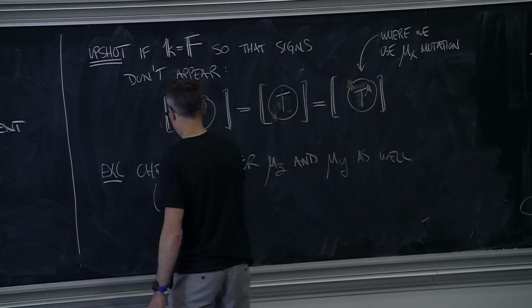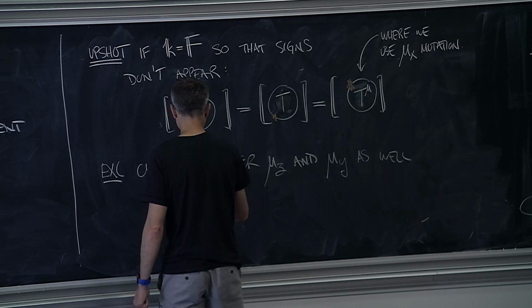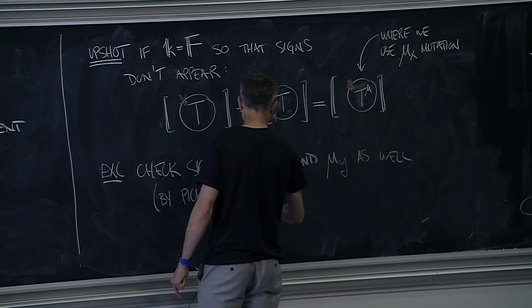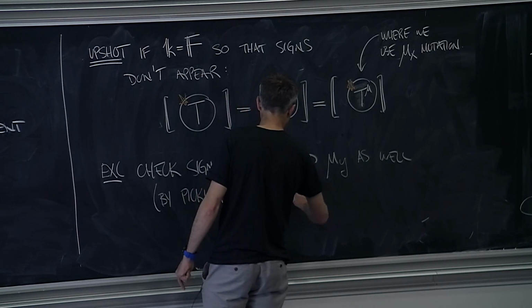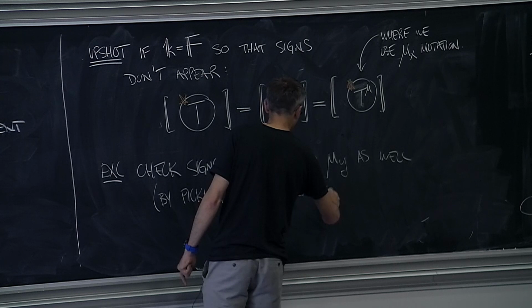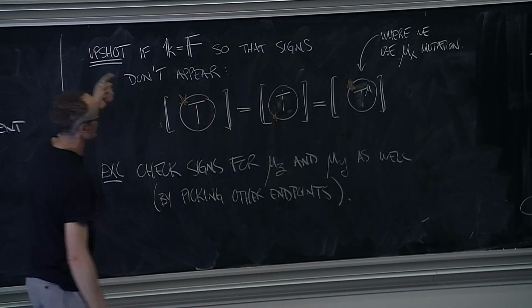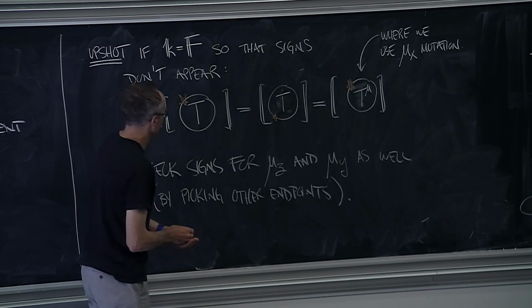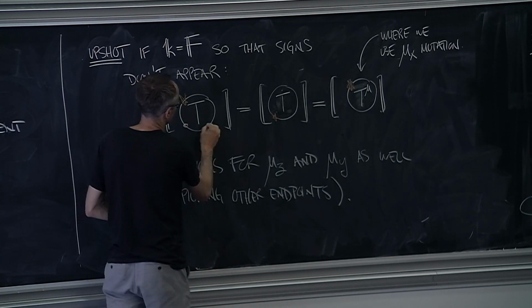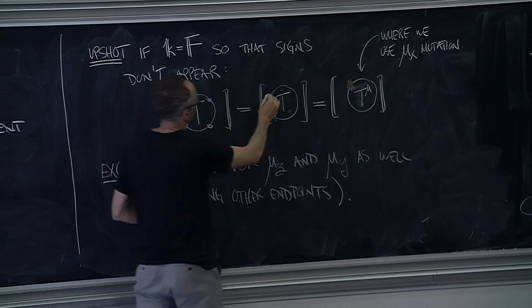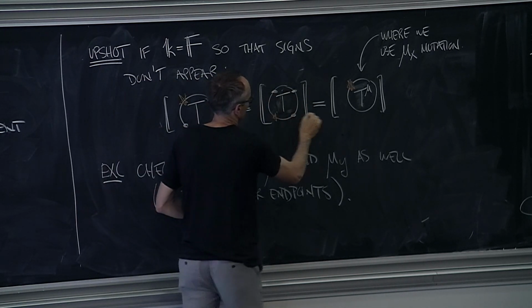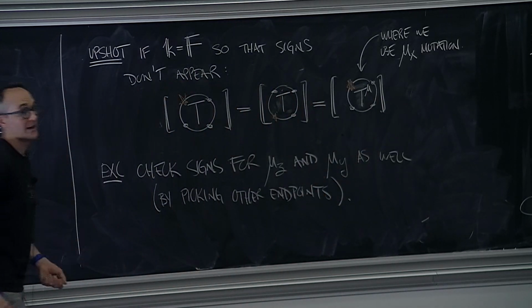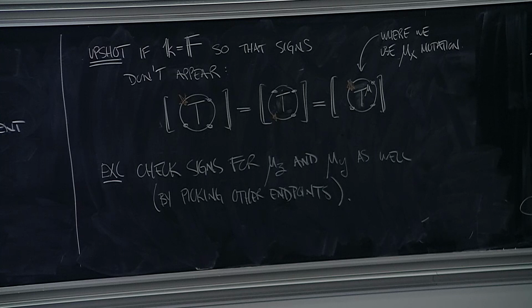This is by picking other endpoints. Well, what we've really learned is that these objects are mutation invariant to a certain degree. Well, they're mutation invariant up to sign, and it comes down to trying to understand these morphism spaces by carefully fixing an endpoint.